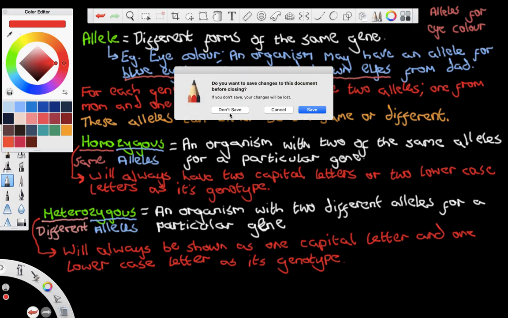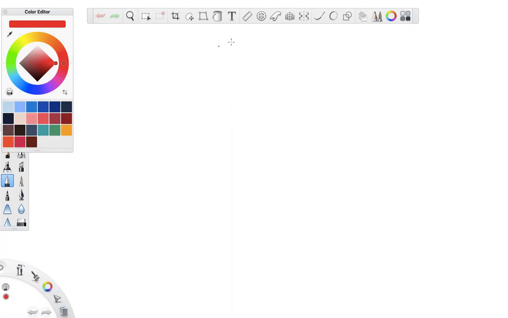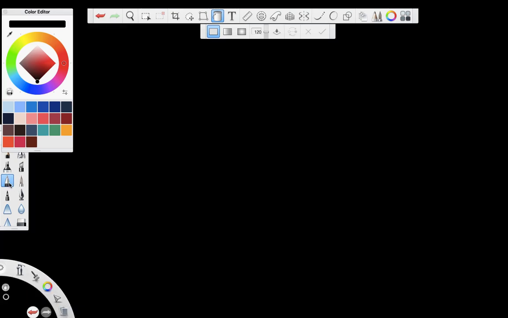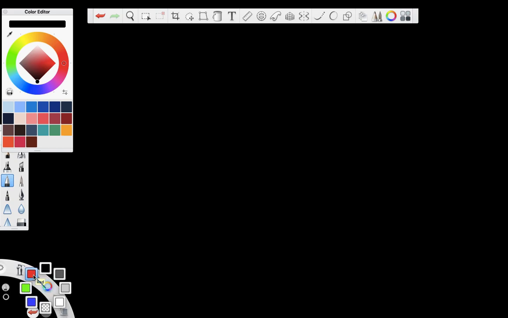The beauty is you can pause the video if you haven't got all of the notes down, or you can certainly go back to it anyway. So if an organism is heterozygous, one allele will always be expressed over the other.